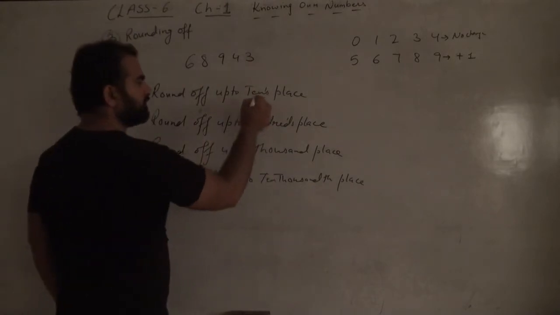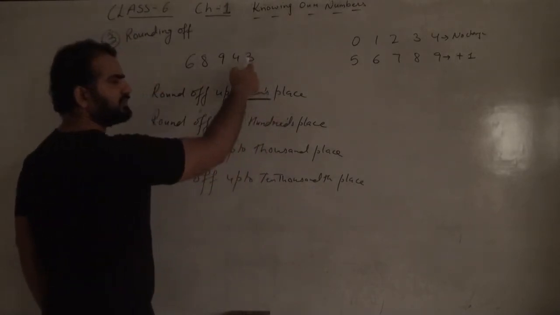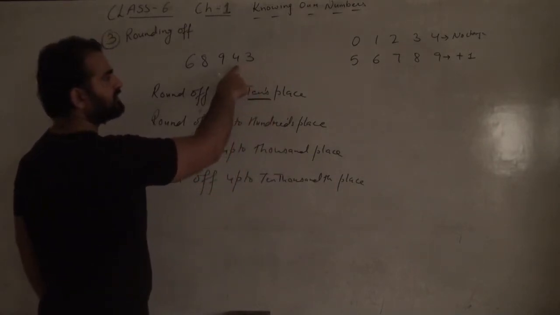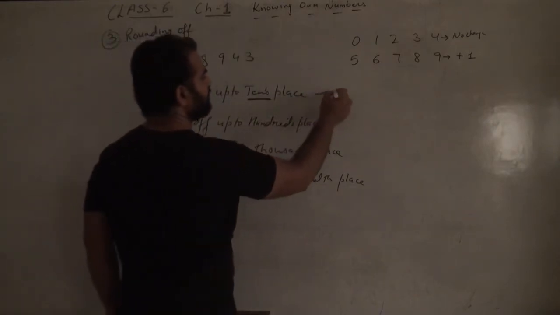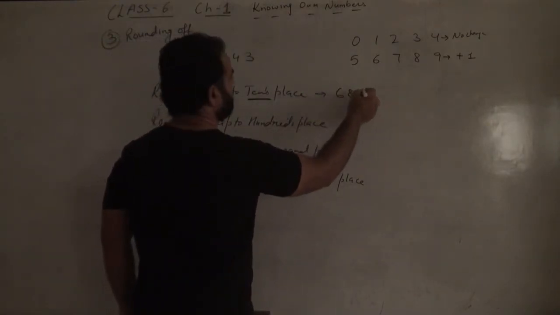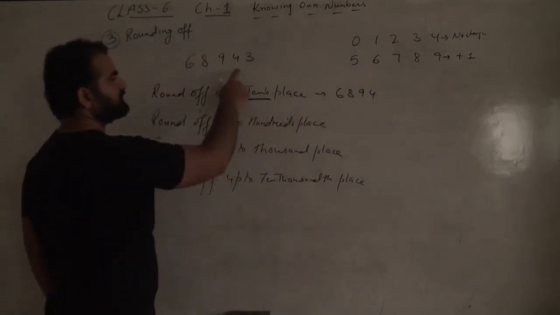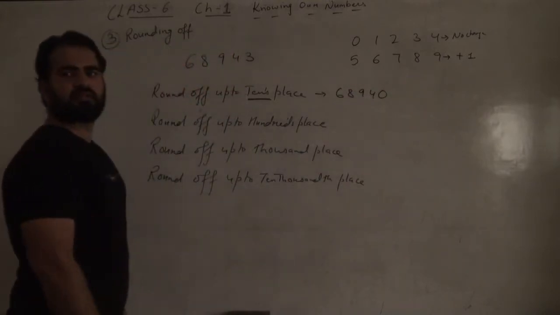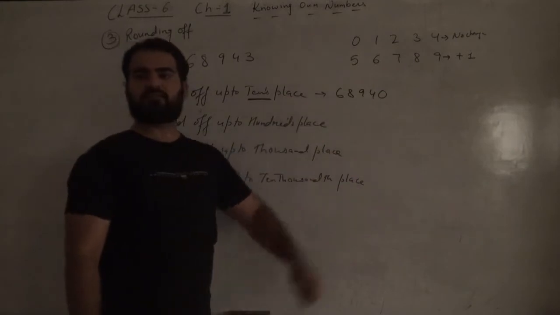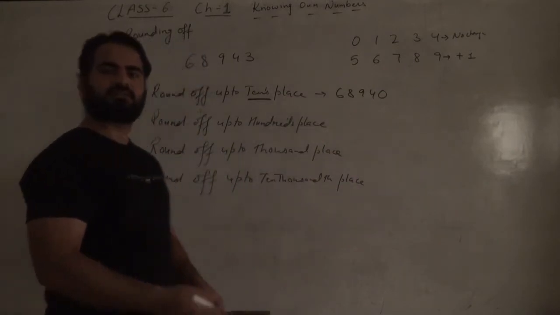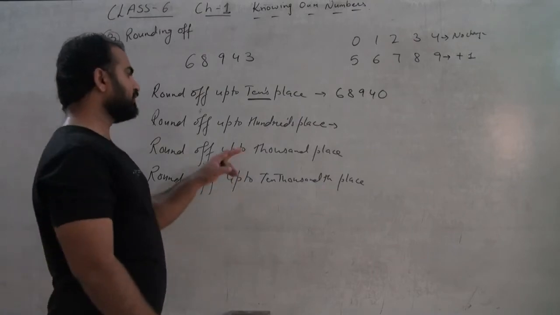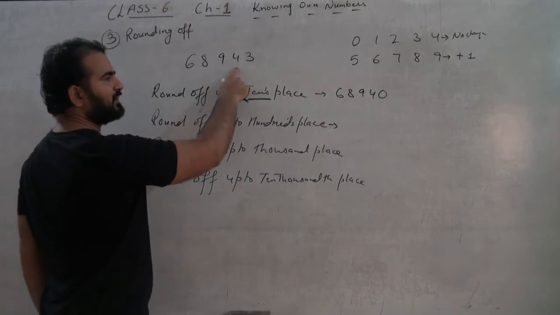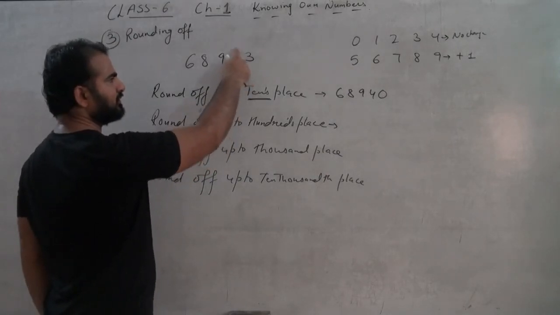So first of all, we round off up to tens place, then we check the ones place. It is 3, so there will be no change at tens place. The answer will be 6, 8, 9, 4, 0. Now if we have to round off up to hundreds place, we take a look at tens place, and the tens place contains a 4.